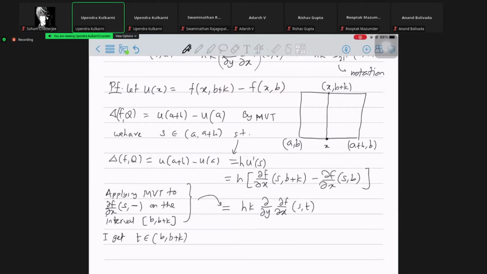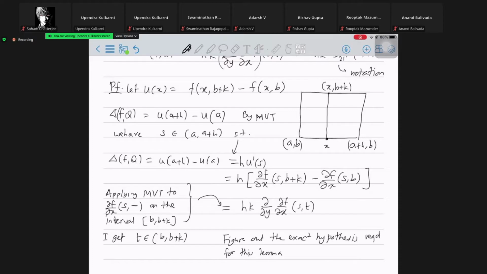So okay, I'm getting a bit confused over here. So let me just figure out the exact hypothesis required. So we need f to be differentiable in the first variable, and we need del f del x to be differentiable.